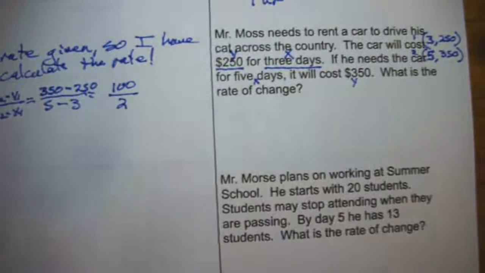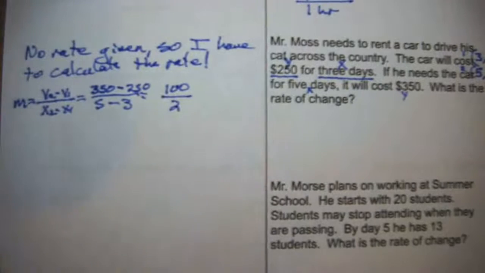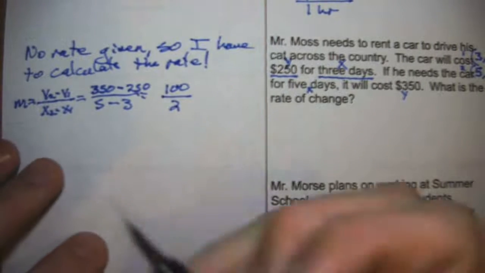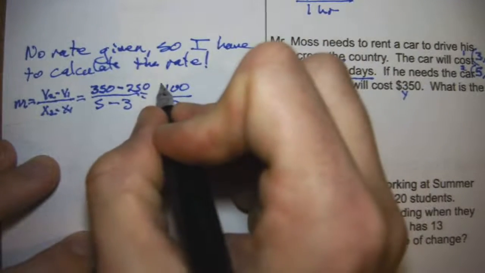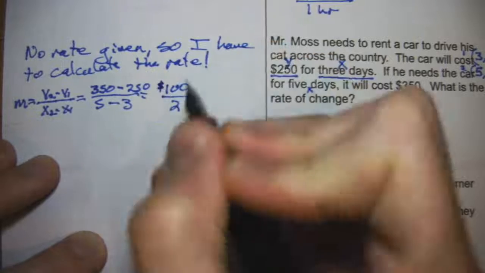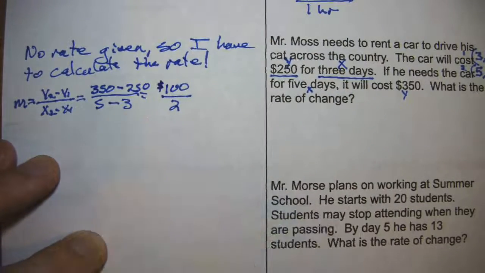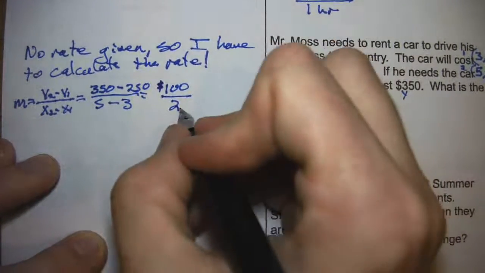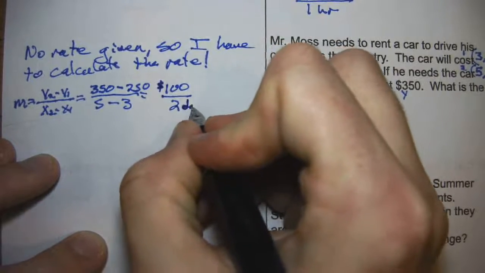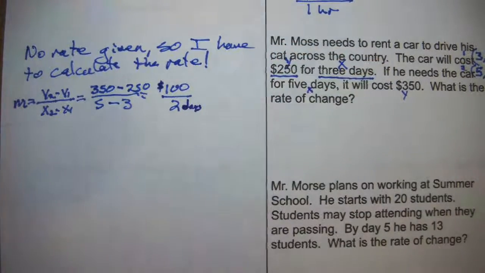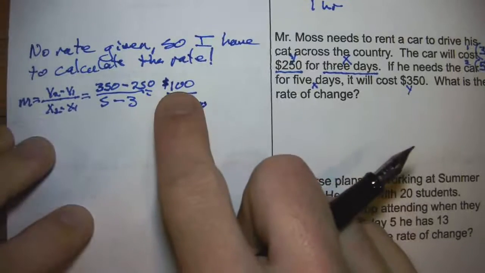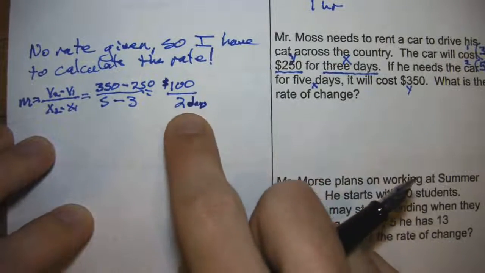Now, remember, we're talking about real-world situations here, so we need to know what we are measuring. So remember, the 350 and the 250 were dollar amounts, and the 5 and the 3 were the number of days. So one way to talk about this rate is that it's going to cost him $100 for 2 days.